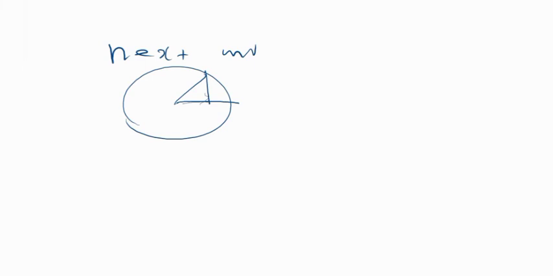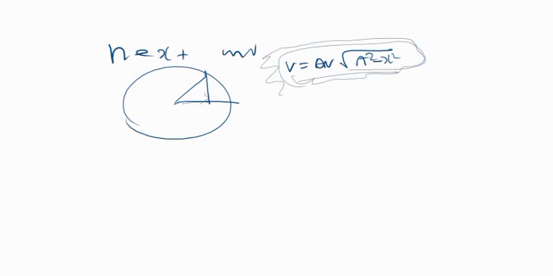You know that it starts from here with zero velocity, increases to max and comes back. So how to get it? You will get certain equations like omega times the square root of a squared minus x squared, and some applications of this one. This one has a vast range of applications.